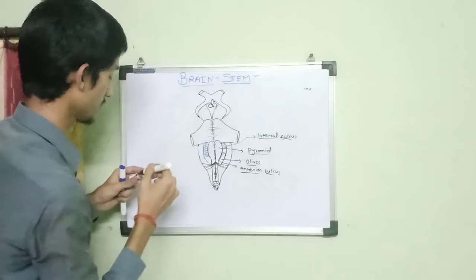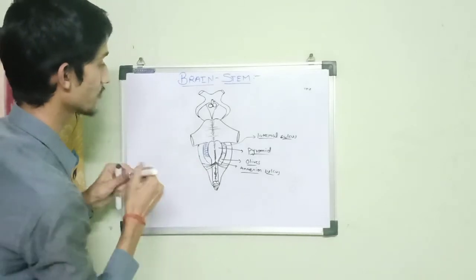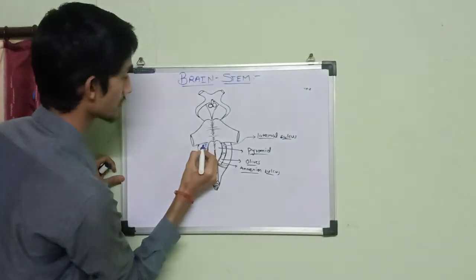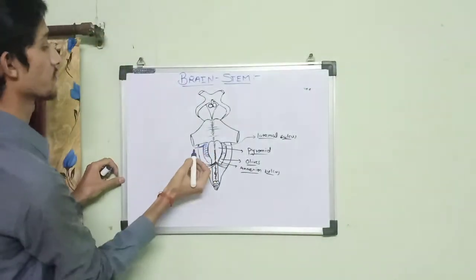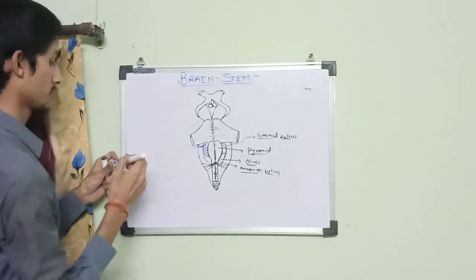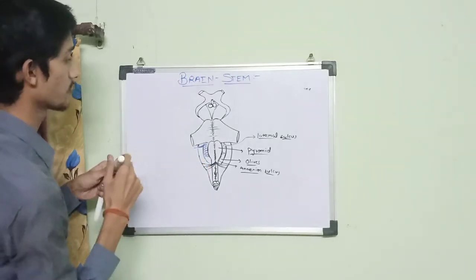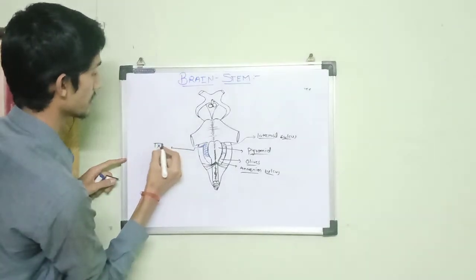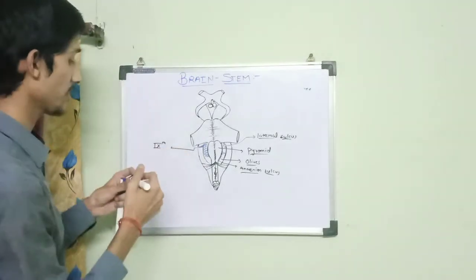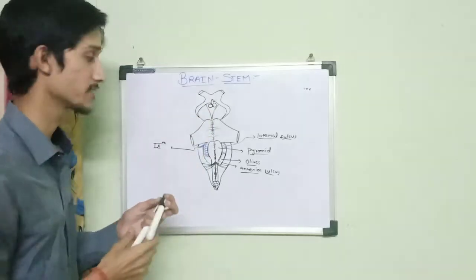This is the ninth cranial nerve. The glossopharyngeal nerve arises from the upper portion of the lateral sulcus.